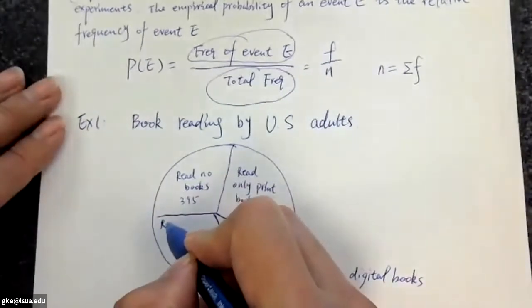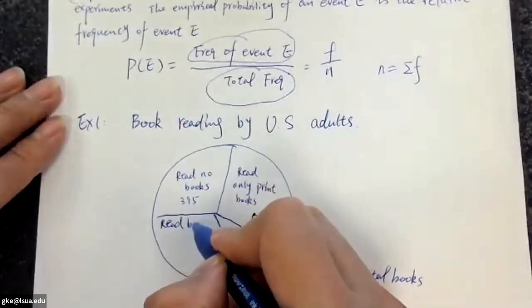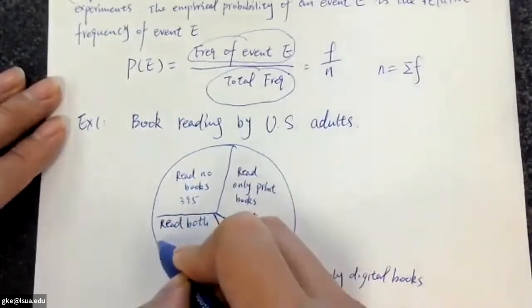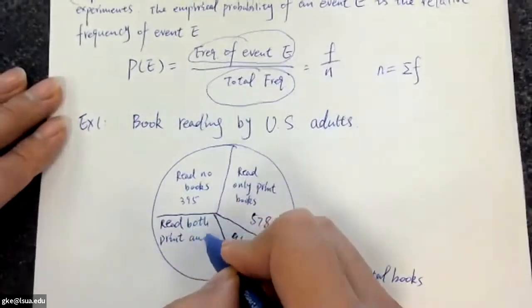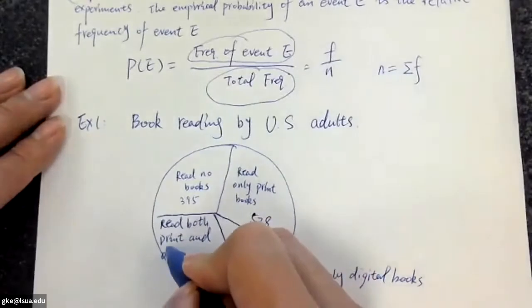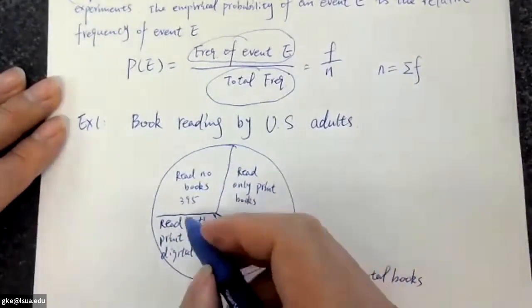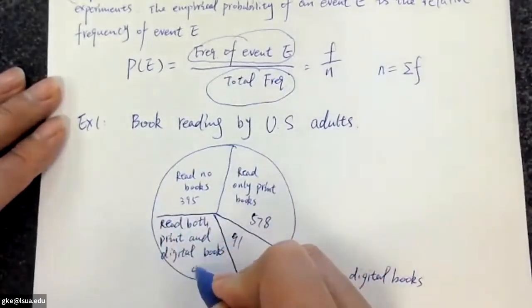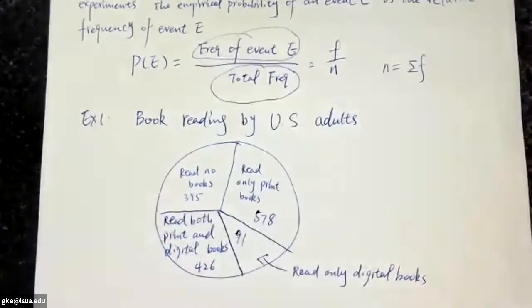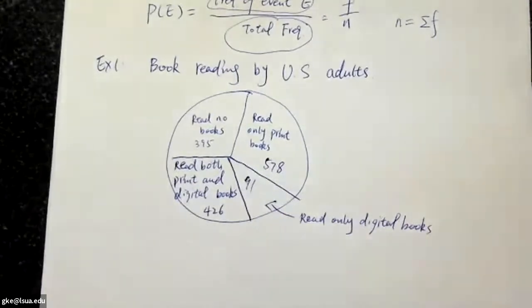Read both print and digital books: 426. So that's the pie chart.